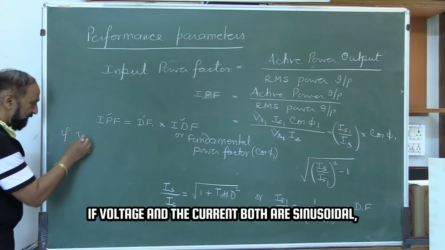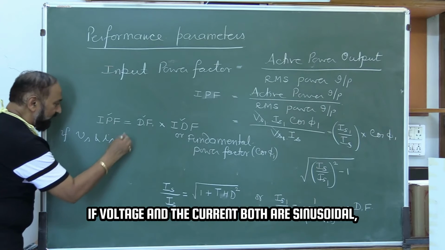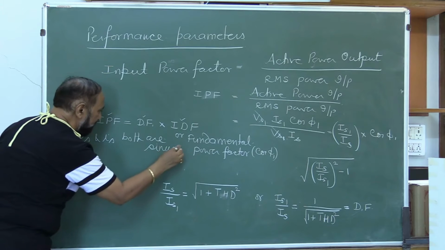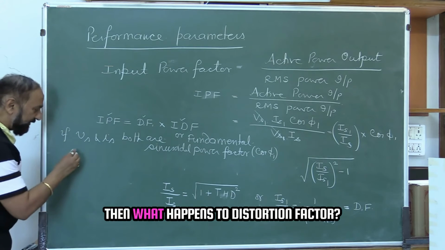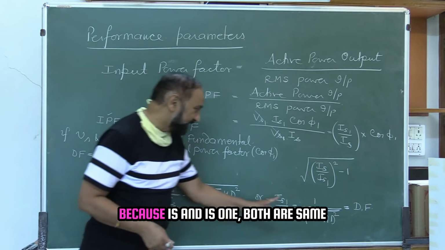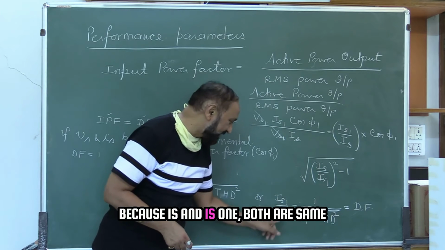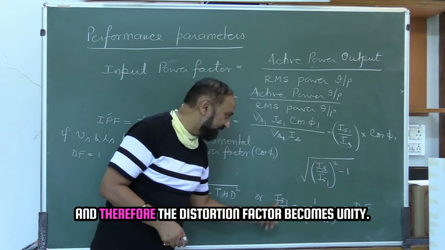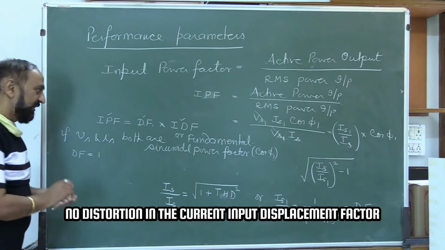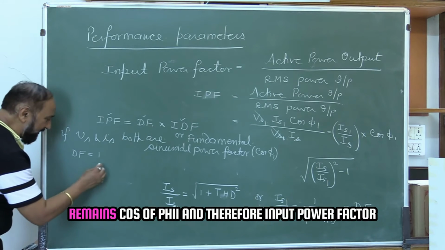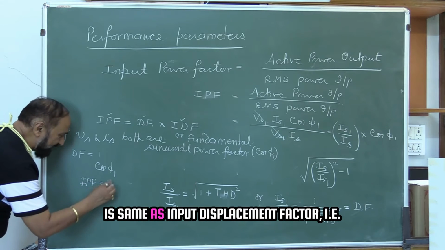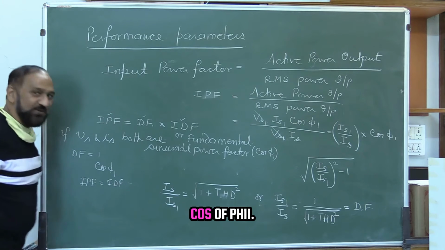If voltage and current are both sinusoidal, then what happens to distortion factor? Because IS and IS1 are both the same, the distortion factor becomes unity. No distortion in the current. Input displacement factor remains cos of phi 1, and therefore input power factor is the same as input displacement factor, that is cos of phi 1.